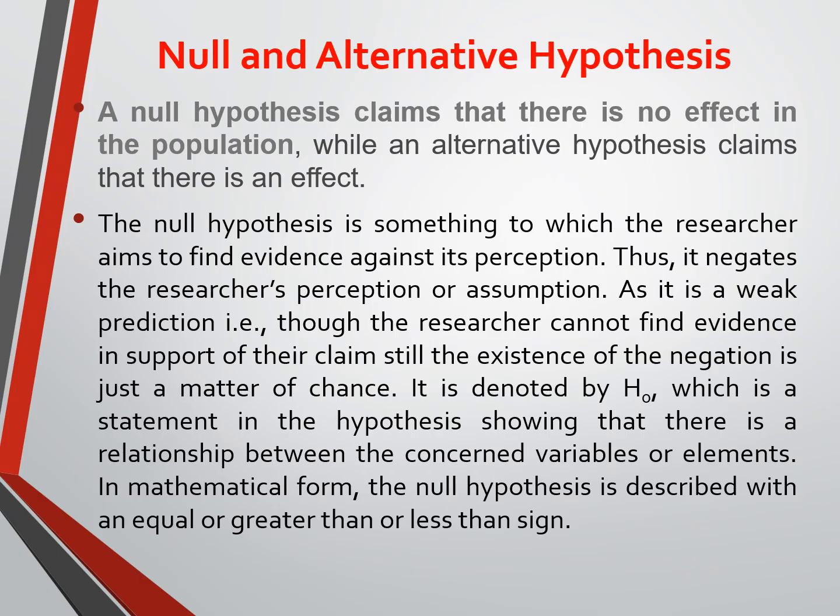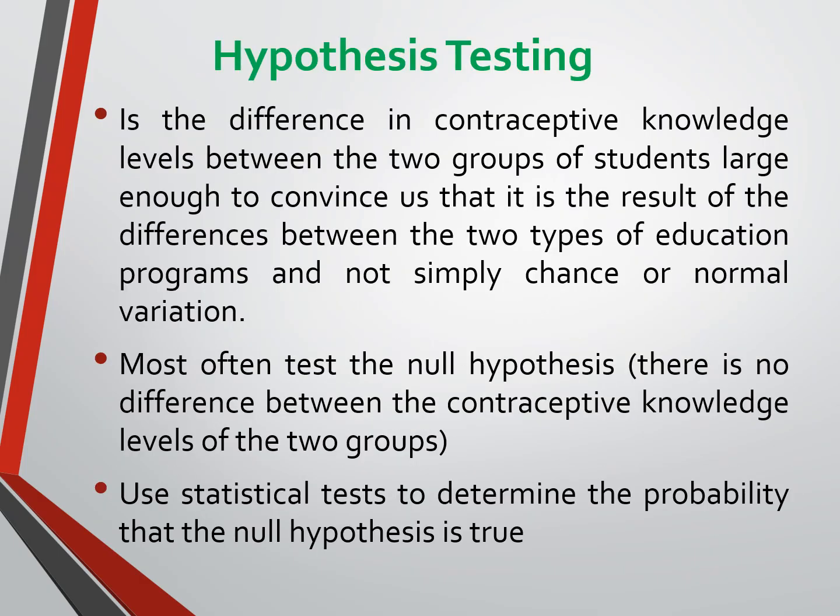It is a weak prediction, as researchers cannot find evidence in support of their claim. It is denoted by H0, which is a statement showing that there is a relationship between the concerned variables. So a null hypothesis may come by way of equal, greater than, or less than sign.